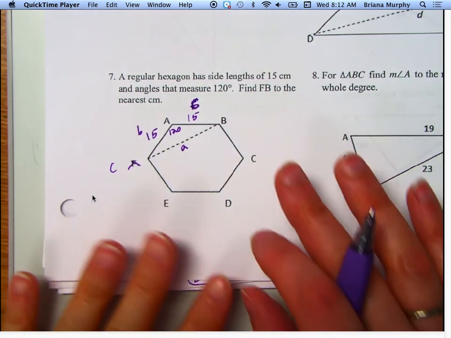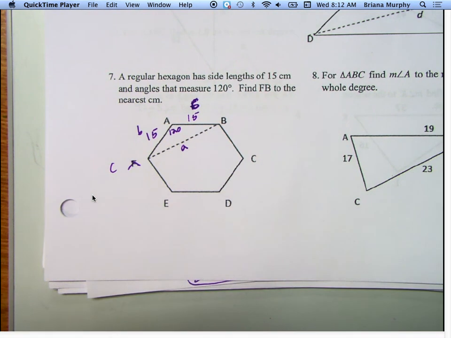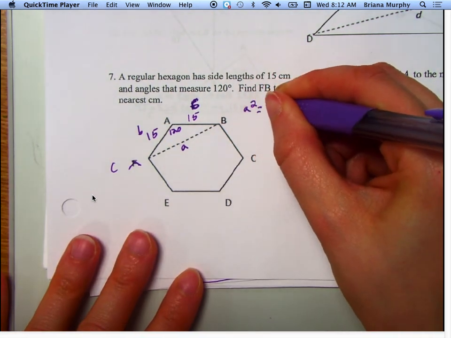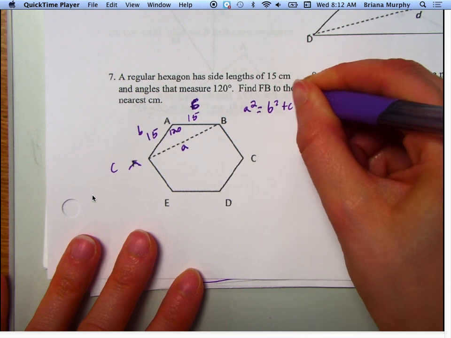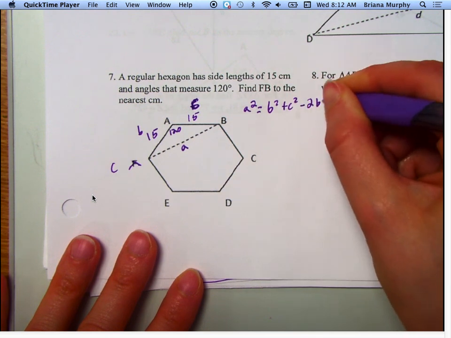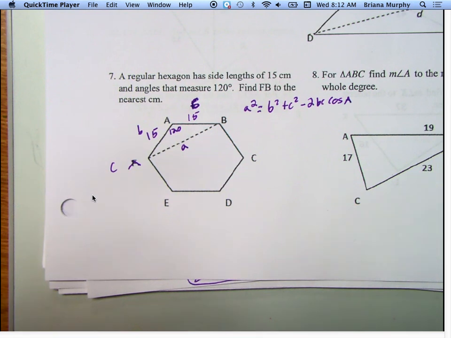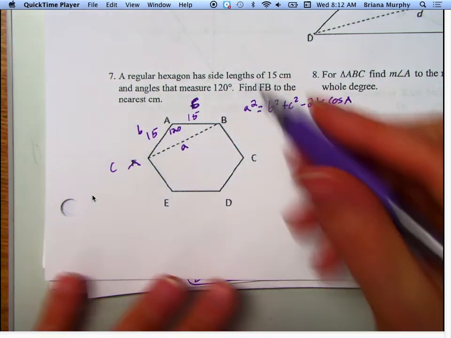All right. So we're trying to find little a. So that means we're going to use a squared equals b squared plus c squared minus 2bc cosine a. So I've labeled, I've picked my equation. My next step is to plug it in.